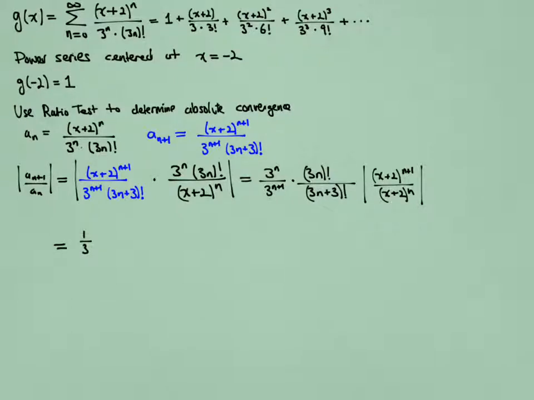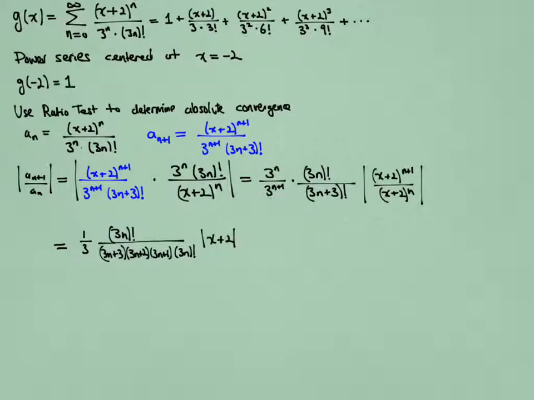Now doing the canceling, I'll see 1/3 when I cancel here. In this expression, when I do the (3n + 3) factorial, I first have 3n + 3, 3n + 2, 3n + 1, and then the remaining factorial will be (3n) factorial, which will cancel with the numerator as well. So there will be 3 factors left behind.